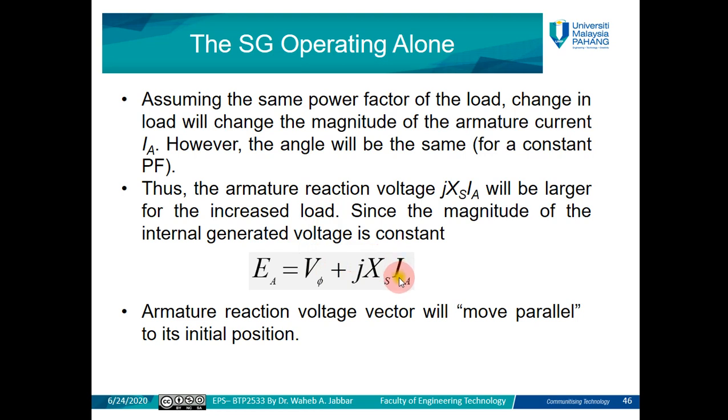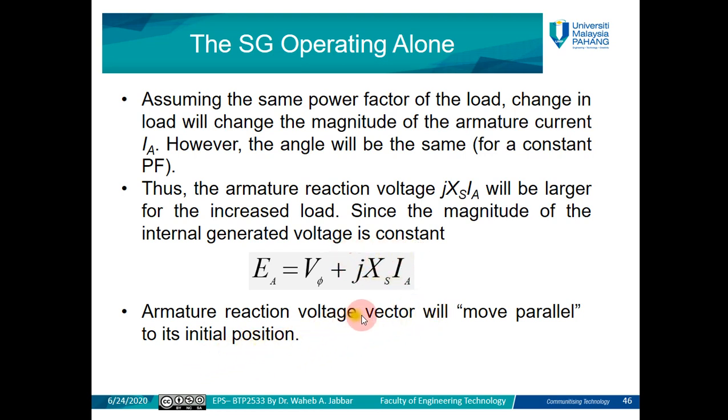When we increase the load connected to the synchronous generator, it takes more armature current, IA. The internal voltage is constant and the terminal voltage is constant, so the voltage drop across the synchronous reactance, the armature reaction voltage jXsIA, will change.